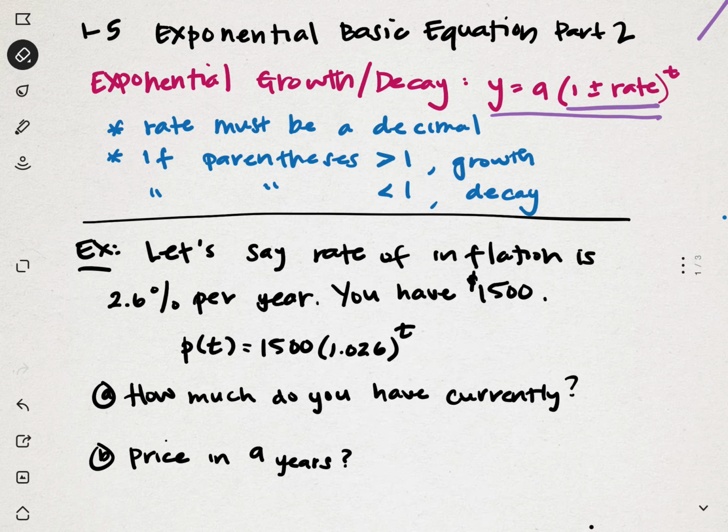All right, so let's look at some examples here. There's 3 examples. The first one is saying, let's say the rate of inflation is 2.6% per year. Right now you currently have $1,500. So the inflation means, let's say in the 1940s or 50s, my grandma would say that candy was like a nickel or a dime back then, right?